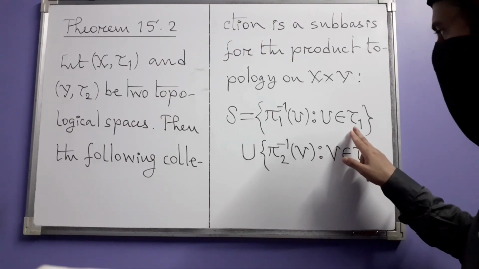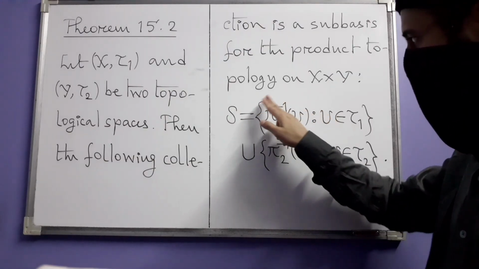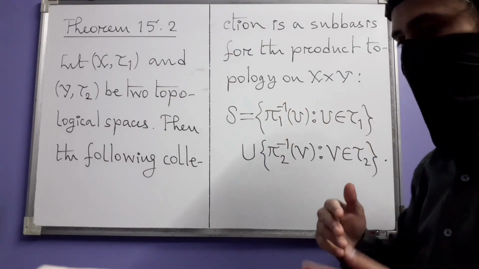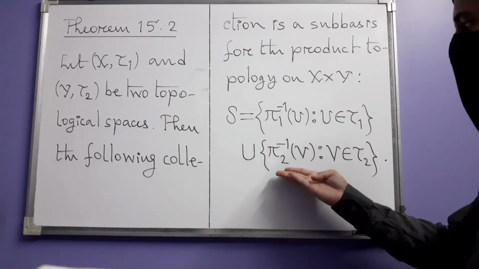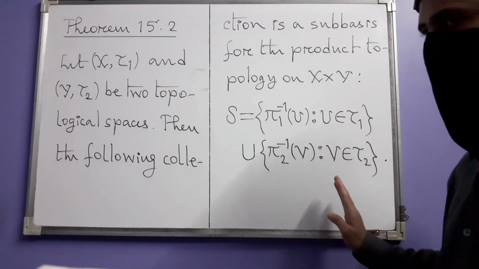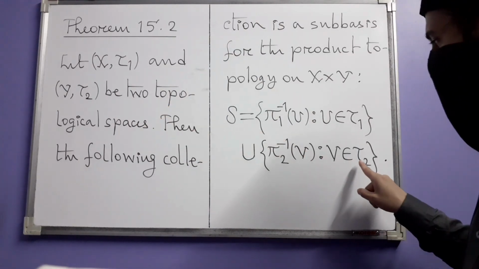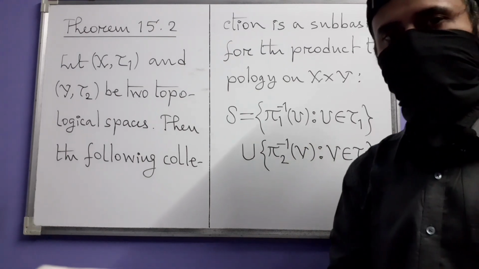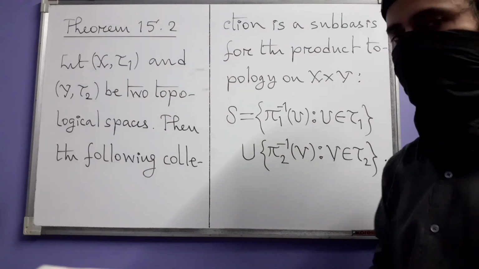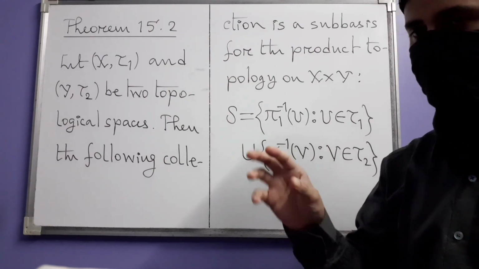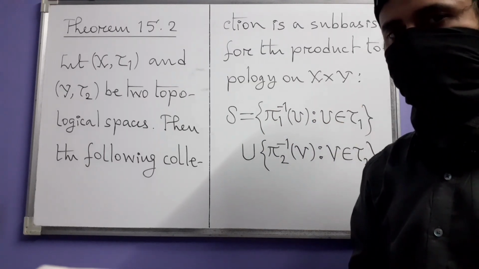That is, the open sets in X are coming from the topology tau1, say U. So this first collection consists of the inverse images of U under the first projection map pi1, and the second collection consists of the inverse images of the open sets in Y, that means the elements in tau2, under the second projection map pi2. We have to prove that this S is a subbasis for some topology, and that topology is actually nothing but the product topology on X times Y that we already know.